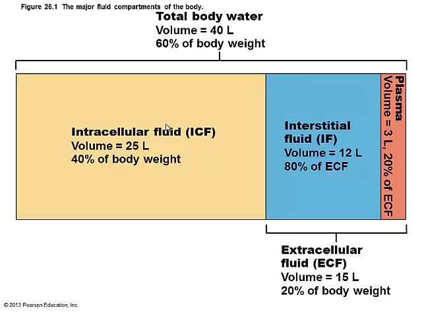We have fluid that is inside cells, and we have fluid that is outside cells. So most of your fluid volume is where? Yeah, inside your cells. We call that intracellular fluid. So about 40% of your body weight is actually fluid that's inside your cells.